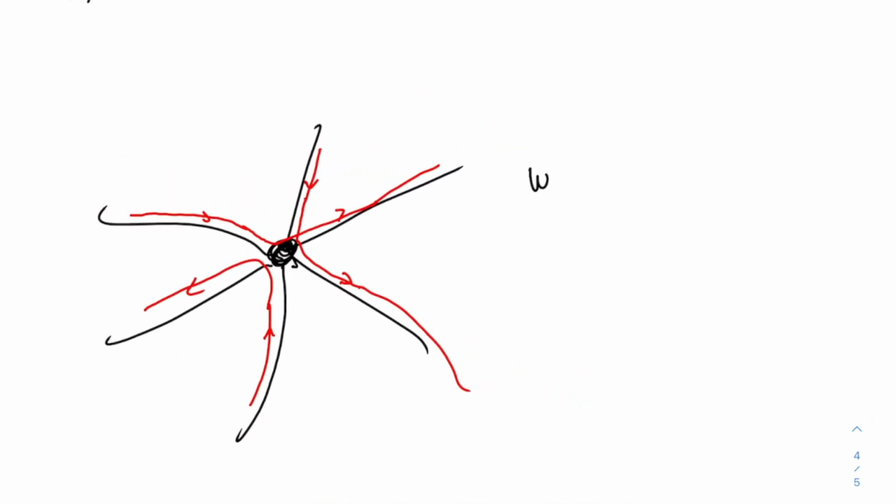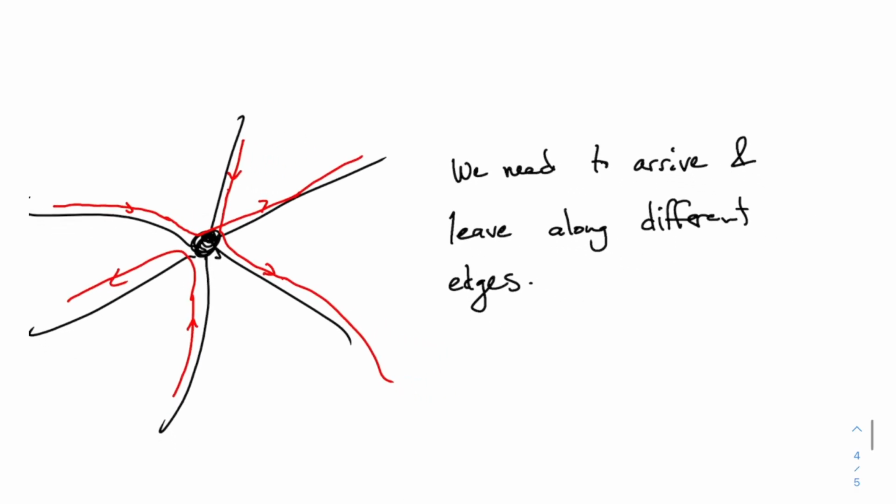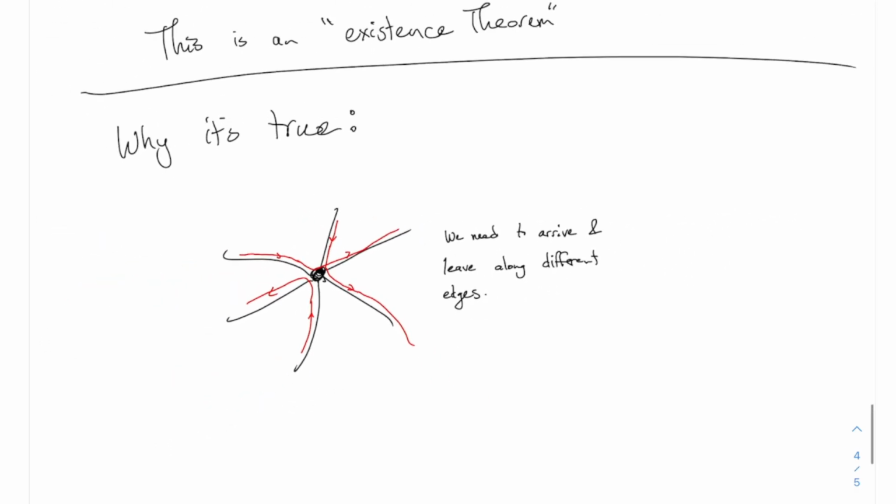So the basic idea here is we need to arrive and leave along different edges. And if the number of edges at this vertex is odd, then we'll get stuck.